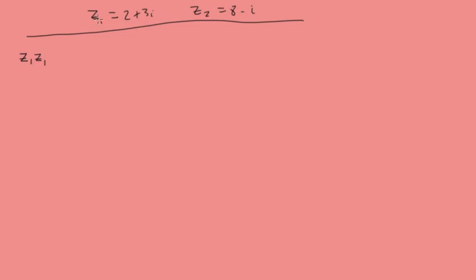So we'll just use z1. In exactly the same way as before, we've got 2 plus 3i multiplied by 2 minus 3i.